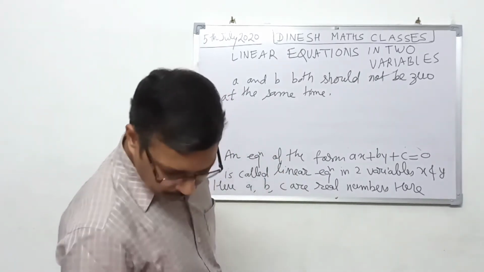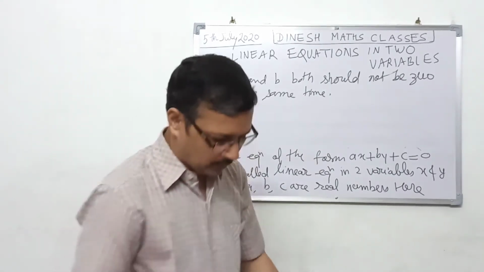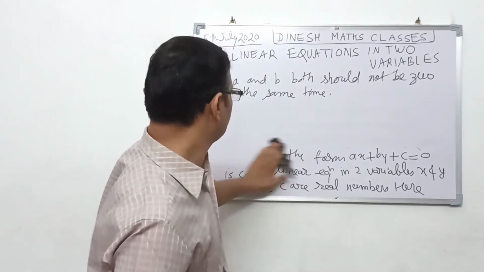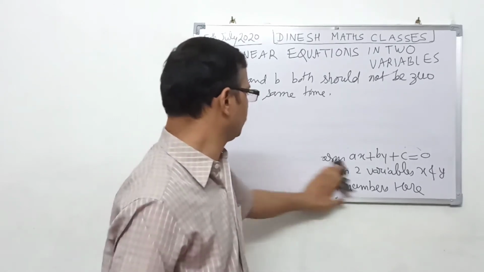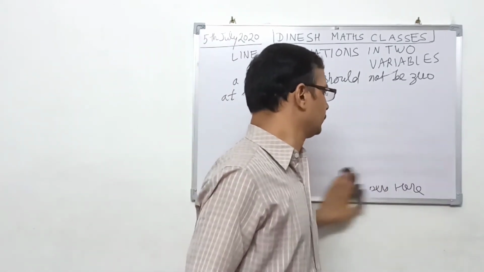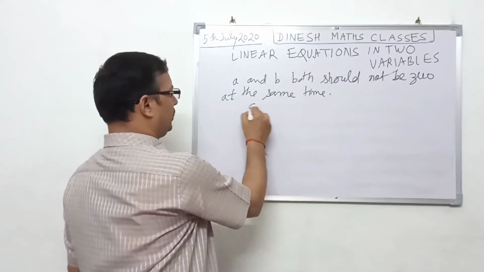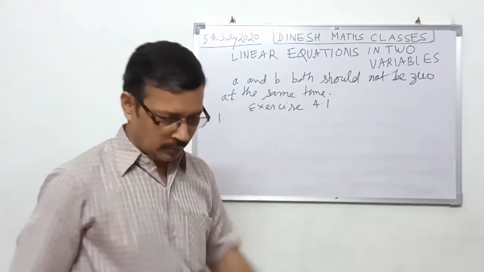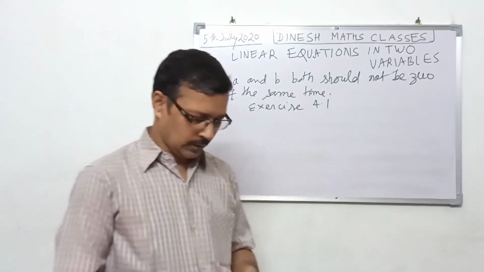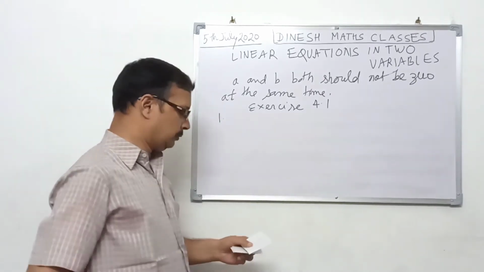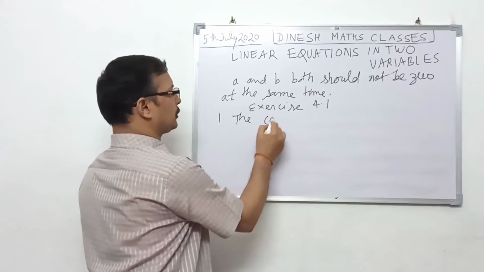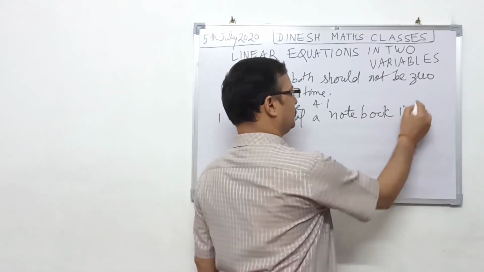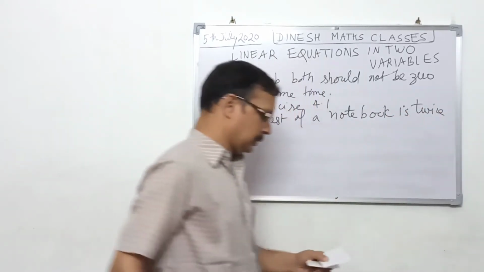So now we come to some problems of Exercise 4.1. First question is given. It is a word problem. The cost of a notebook is twice the cost of a pen.